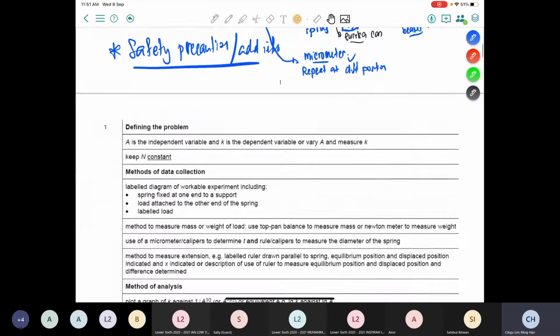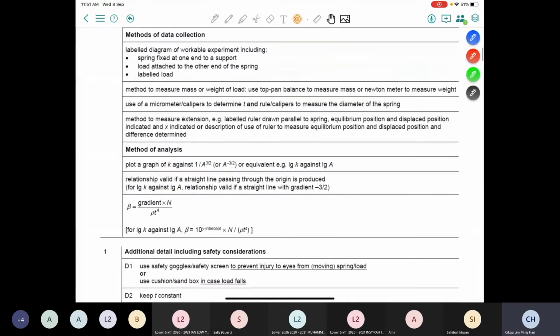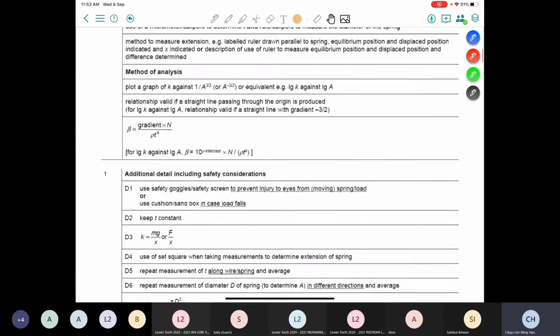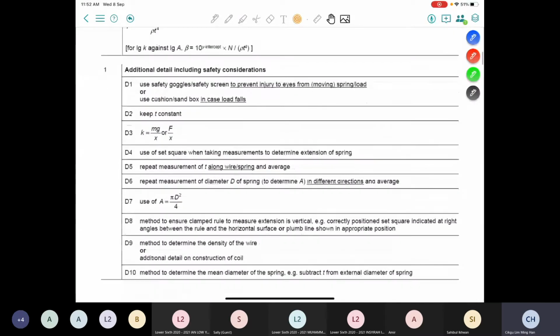So let's just have a look here. The analysis, yeah, plot K against 1 over A to the power 3 over 2, and this is the gradient that we did. So it's a 3 mark, pass through the origin. All right, so this one you go and have a look on your own, because I don't have time. I just want to quickly go over question 1 and 2.